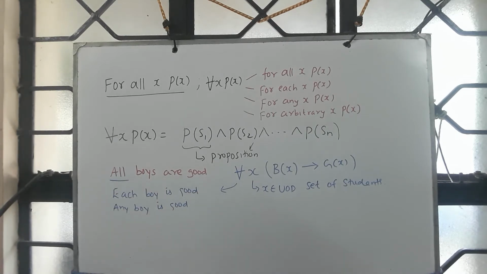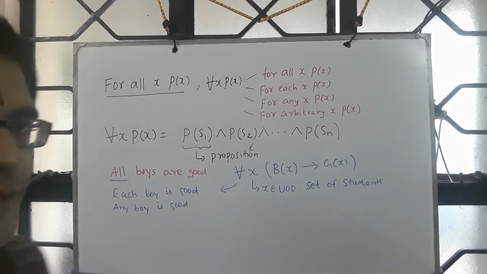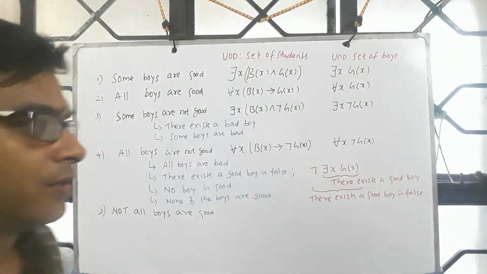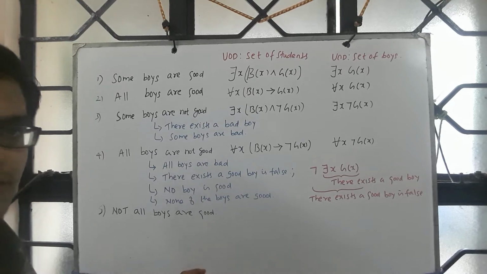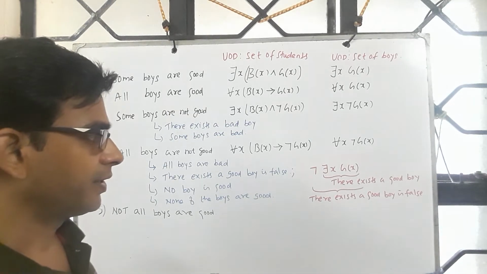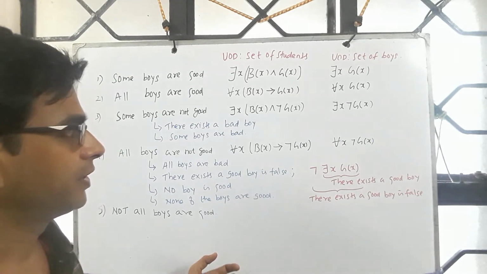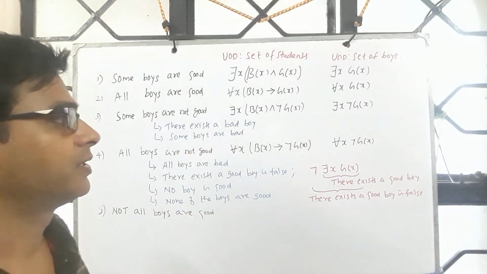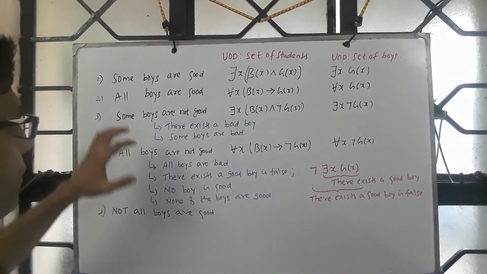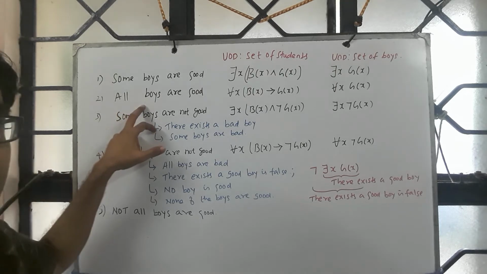Let's look at some more examples to get insights into the quantifiers and the predicate logic. While writing first order logic, one has to be careful with the universe of discourse, because the choice of universe of discourse dictates how first order logic is represented. Let us revisit what we have done.